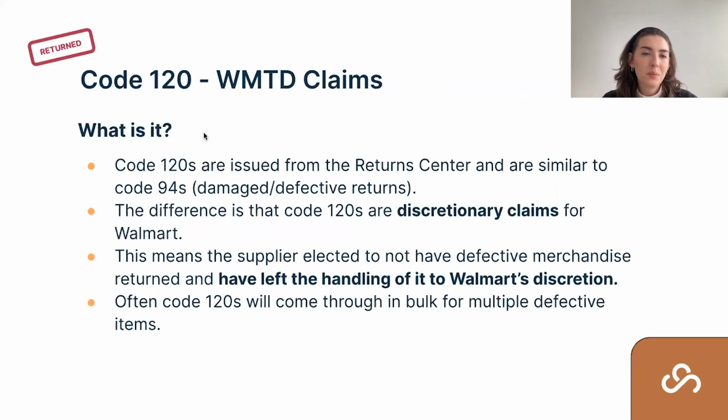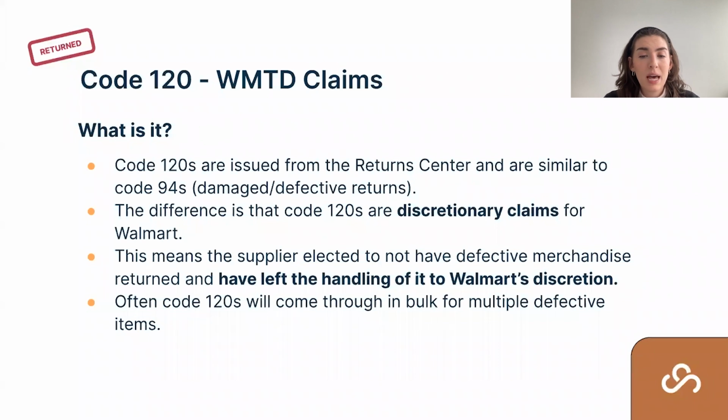All right. Then lastly is Code 120 claims. This is issued from the return center, and they're very similar to Code 94s, but it's the return center's claim of Code 94s. This is helpful to piece out from Code 94s because you're going to have to dispute a different way.